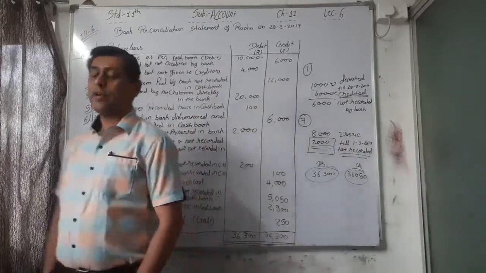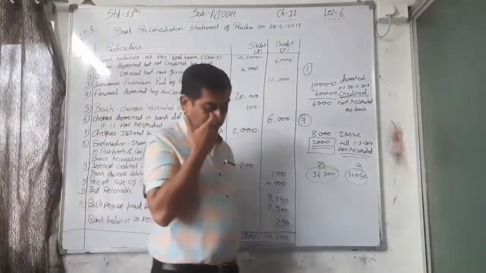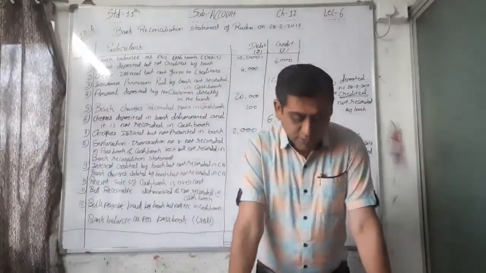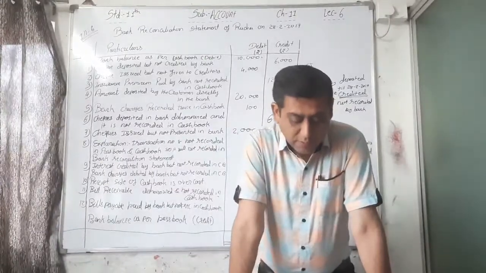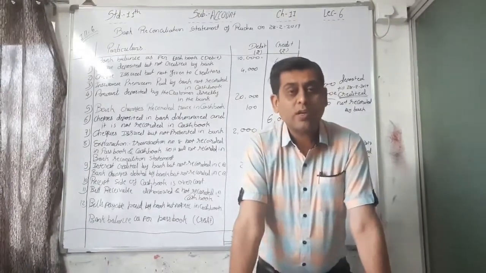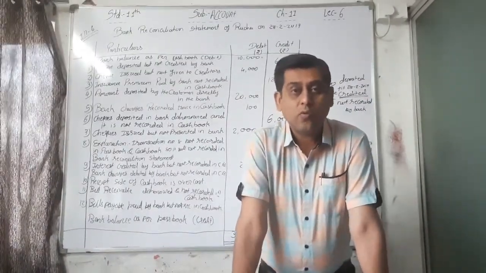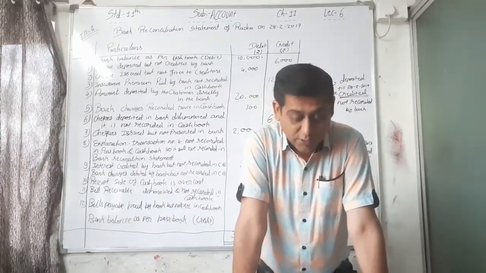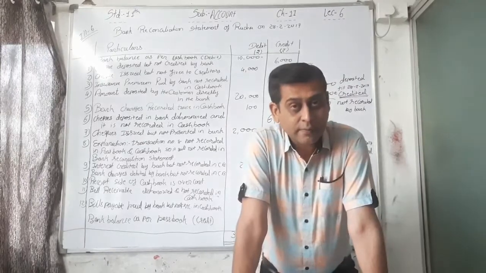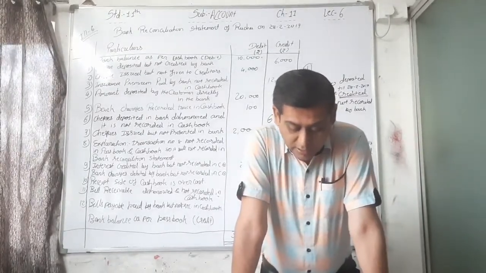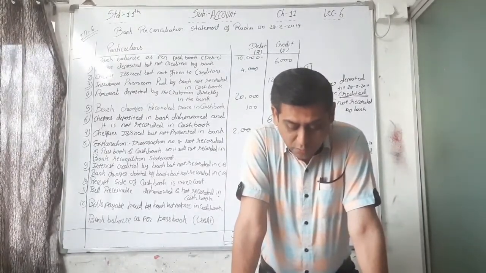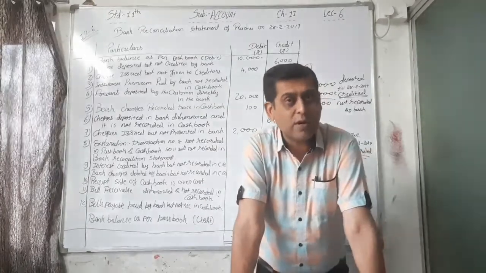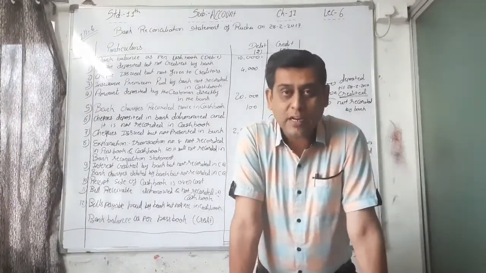Then the third point. The bank has paid rupees 6,000 for insurance premium. The bank paid the insurance premium on behalf of the customer, on behalf of the trader. So the bank is debited, and this is known to us on 1st April; it is not recorded in the cash book till 31st March.